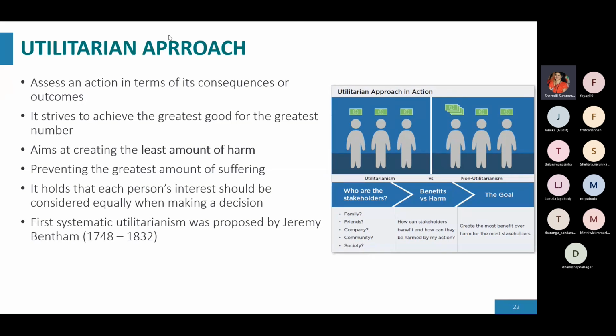This is the utilitarian approach, and it was first proposed by Jeremy Bentham.